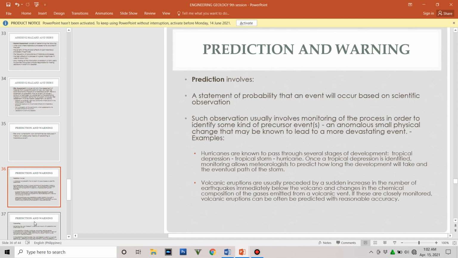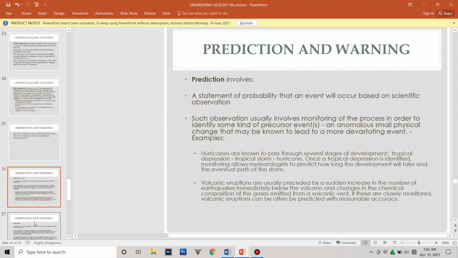Such observation usually involves monitoring of the process in order to identify some kind of precursor events, so meaning an anomalous small physical change that may be known to lead to a more devastating event.